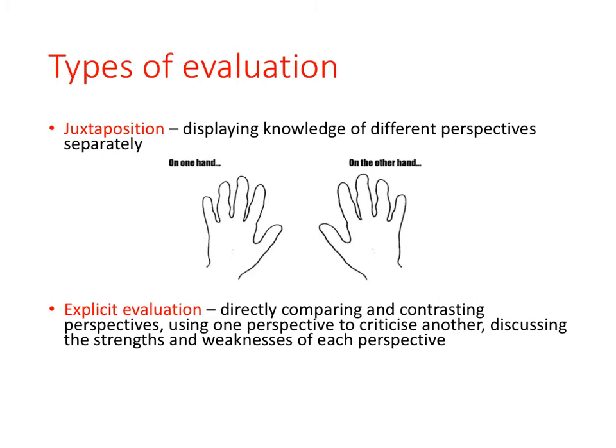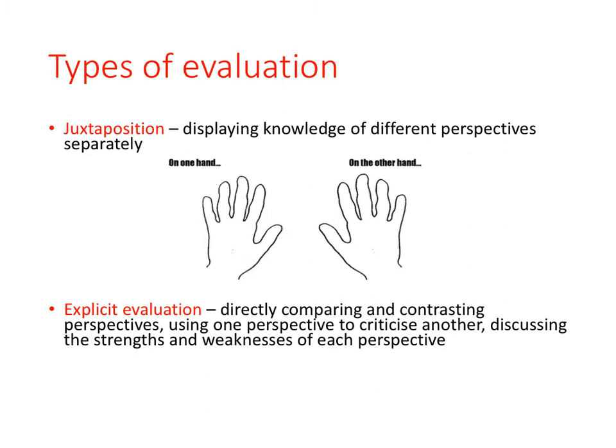Now, the problem with doing that is what you're implying is that all arguments, all perspectives have equal weight. You are not actually evaluating which particular argument seems to be the best one in terms of evidence and in terms of its logic.